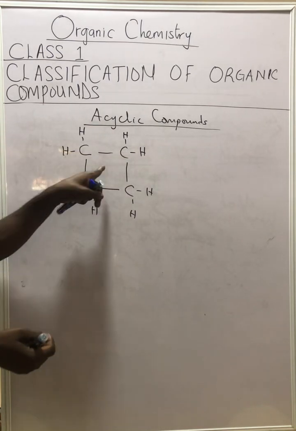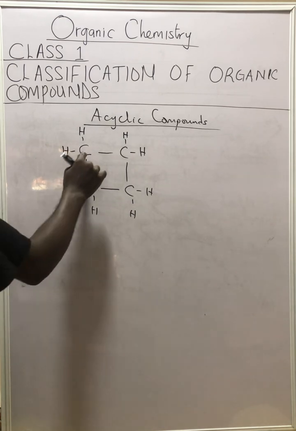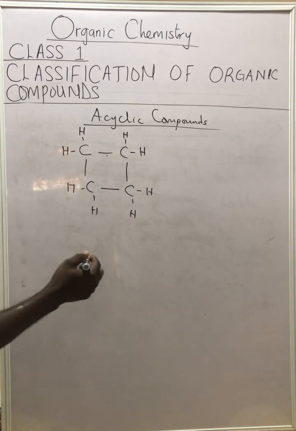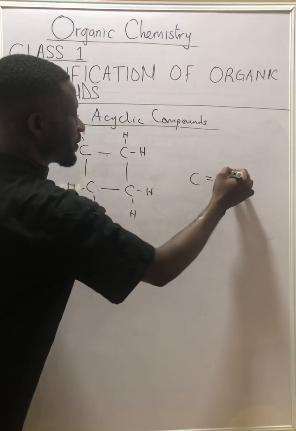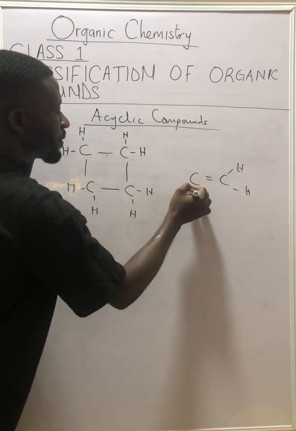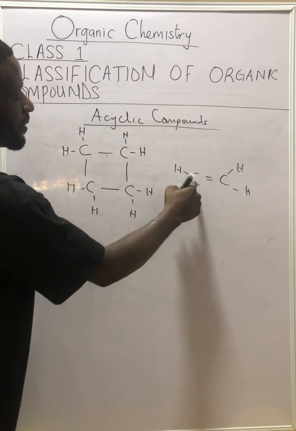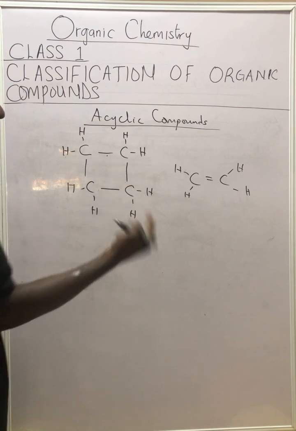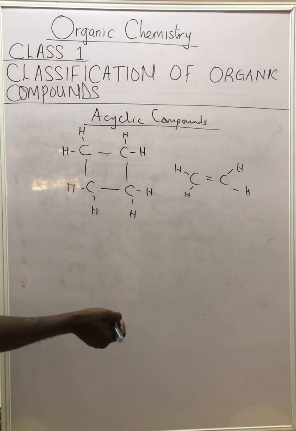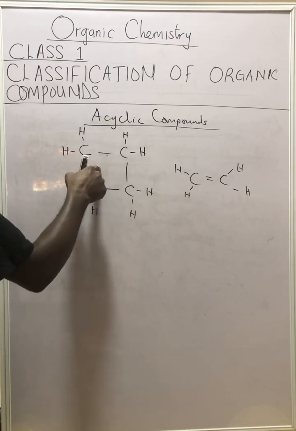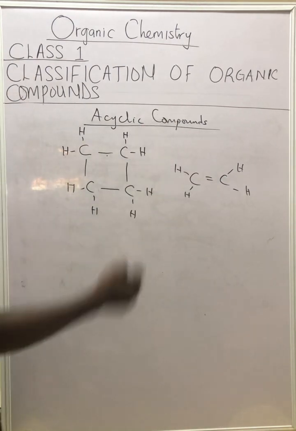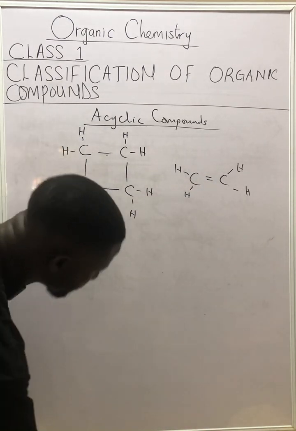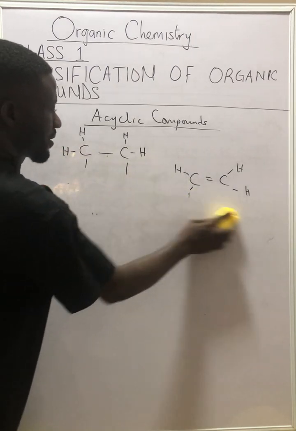In this case, this carbon-carbon bond is single. The hydrogens surrounding this carbon are 2, and the hydrogens surrounding this carbon are also 2. In this case, it is still saturated. But this one is not saturated because of the presence of a double bond.